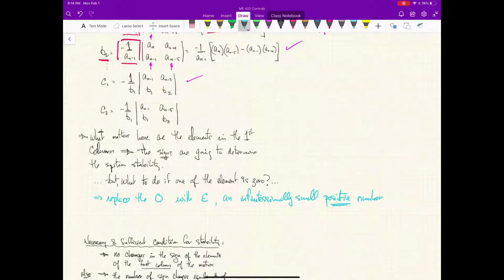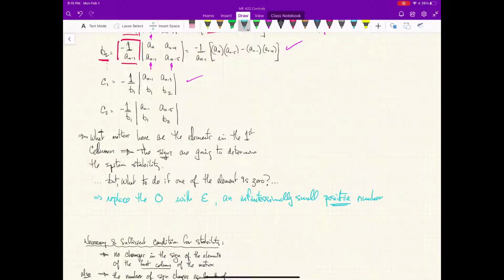Okay, so in the case of the example we just had there, A1 was positive, AN was positive, a_{n-1} was positive, and so on. The third one is, say C1 is 0. I would replace C1 by epsilon, a positive, very, very small number, and I would keep on going. You see how that's important because I'm in the first column and have epsilon, a very small positive number.